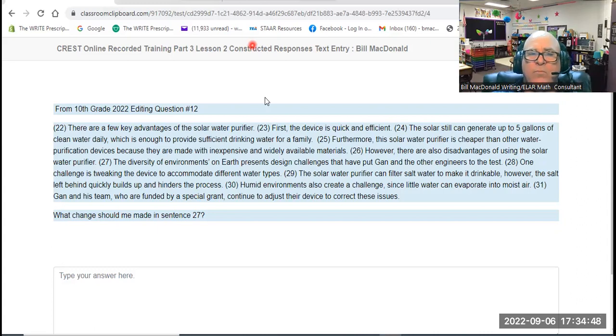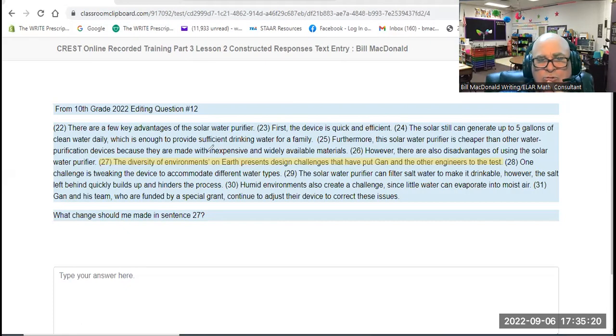Because your kids are allowed to highlight, I would suggest that you have them highlight just the sentence that's being asked about right here. Capital, the diversity of environments, apostrophe. So that's plural apostrophe.